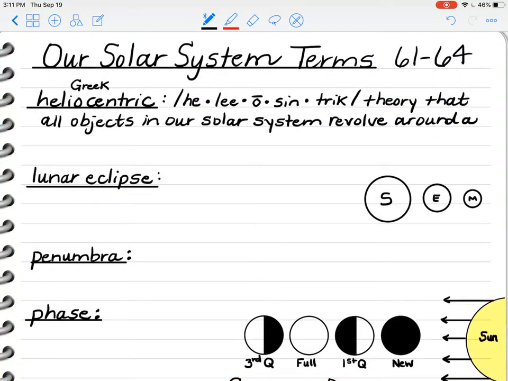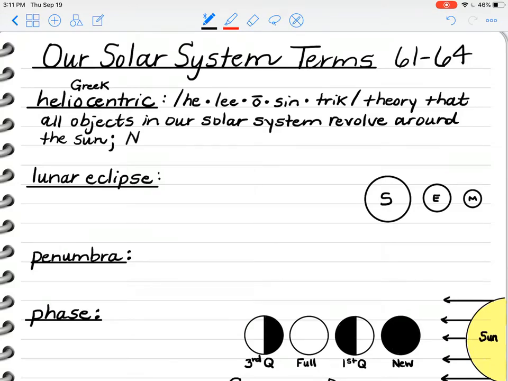Many years ago, people believed that the earth was standing still and that the sun was moving around the earth. Because every morning what happens? The sun comes up and every evening the sun goes down. Every day that happens. So in their minds, it must mean that the sun is moving around the earth, that the earth was the center of everything.